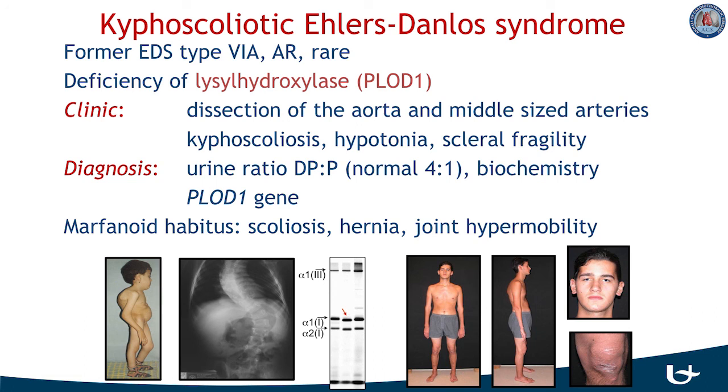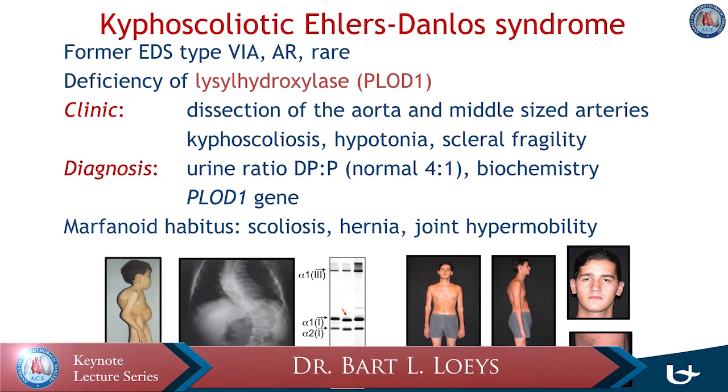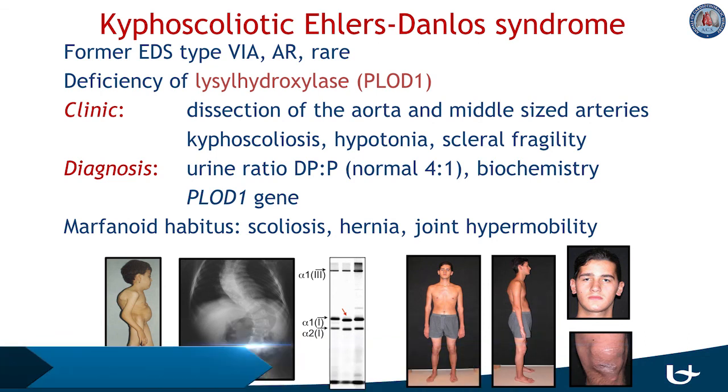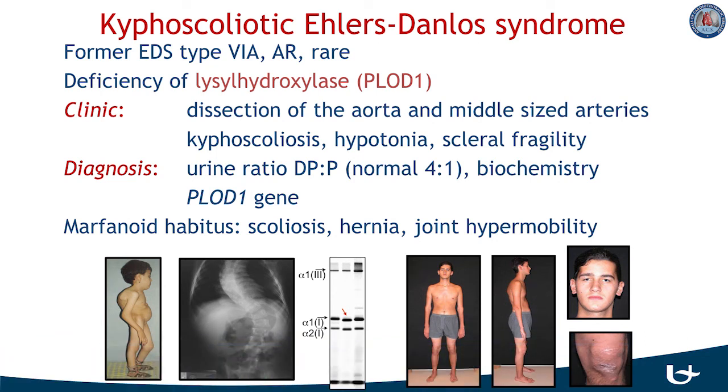In this condition, children present early on with kyphoscoliosis, hypotonia, and scleral fragility, and can develop aortic and middle-sized artery dissections at later age. Diagnosis can be suspected by a biochemical analysis of collagen metabolites, but is confirmed unequivocally by mutations in the PLOD1 gene. Interestingly, these patients can also have a Marfanoid habitus with scoliosis, hernia, and joint hypermobility.